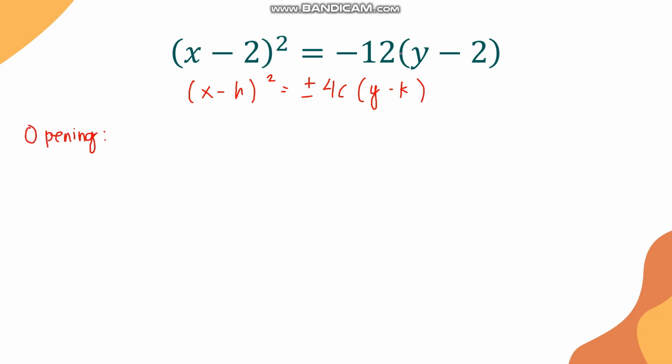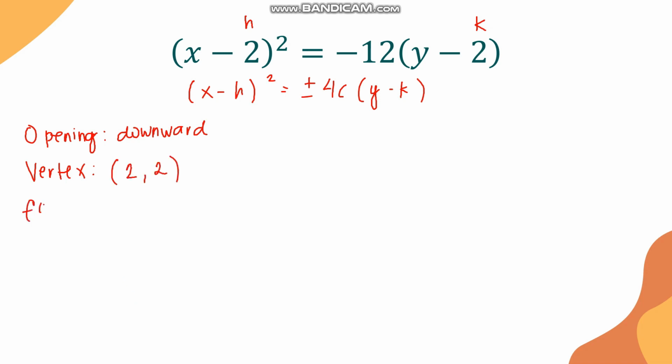Since 4c is negative, which is negative 12, it opens downward. Now for the vertex, you can easily identify it. The one with x is our h, and the one with y is our k. Therefore, the vertex here is (2, 2).